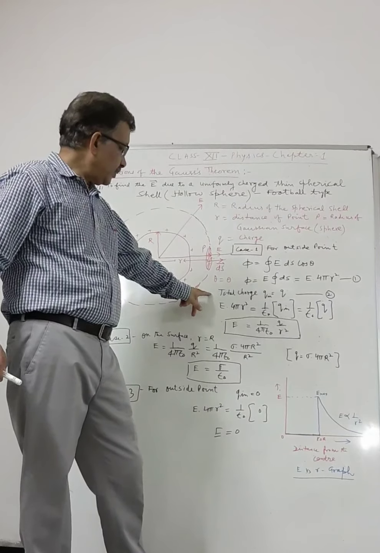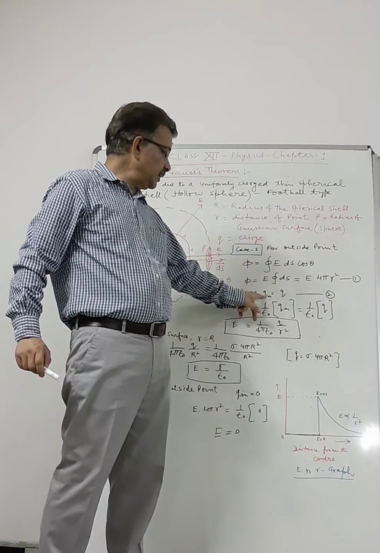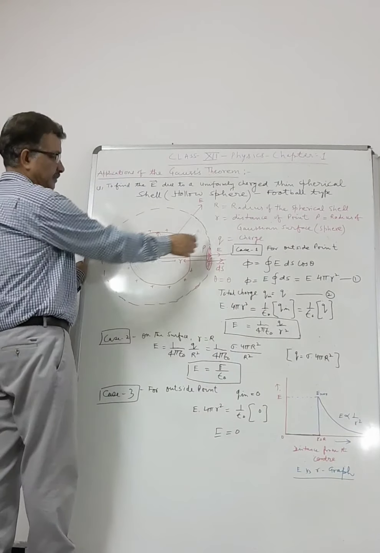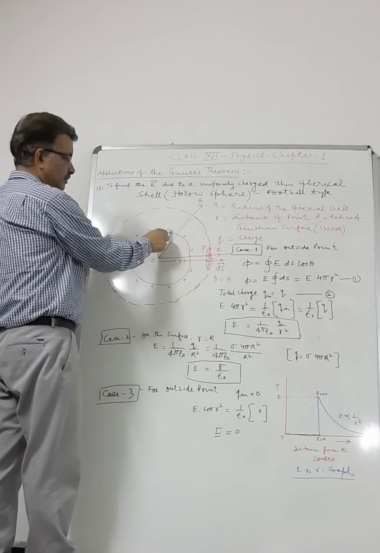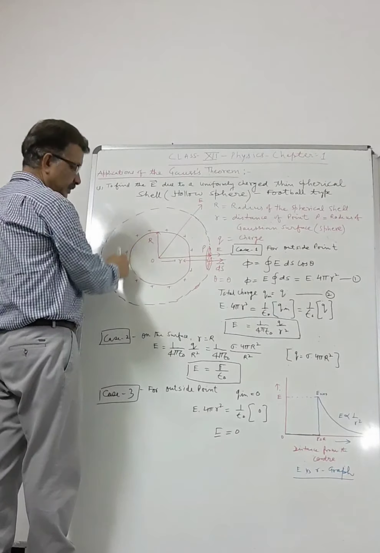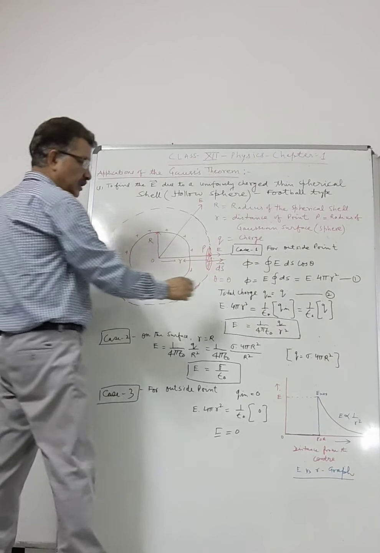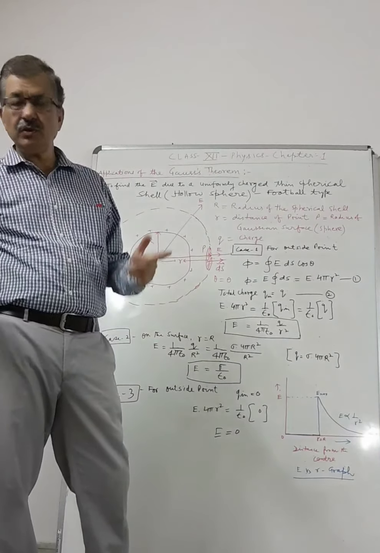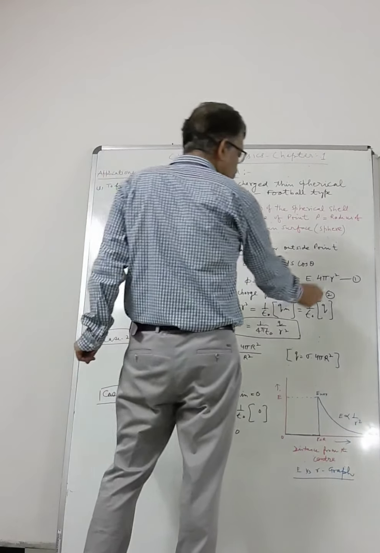And now we have to find out the total charge inside the Gaussian surface, which is of course Q, distributed in this manner. So charge inside the Gaussian surface is Q. So that is equation number 2.